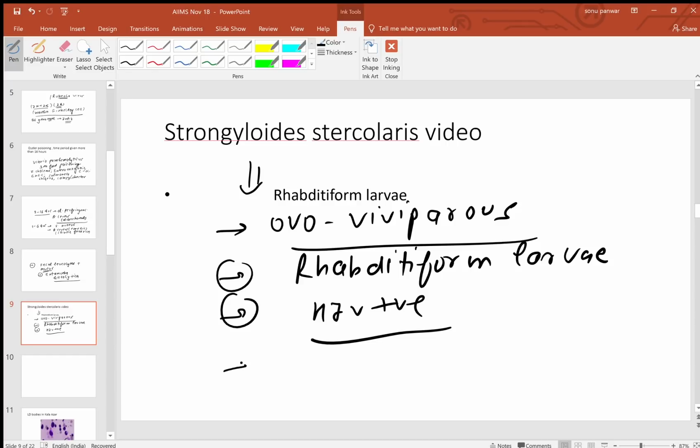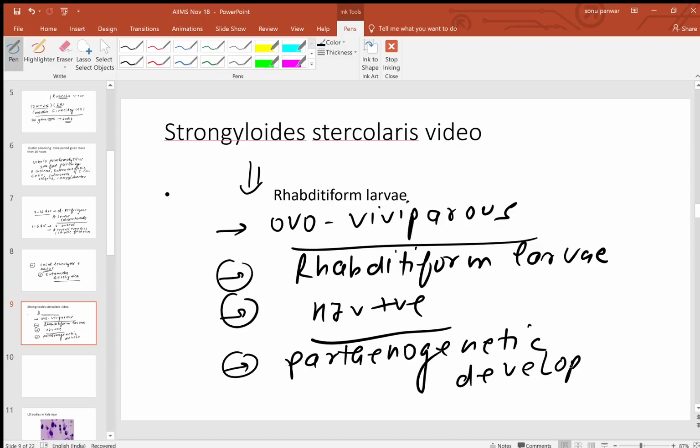Strongyloides stercoralis has a strong association with HIV positivity, and it shows a unique type of development that is termed as parthenogenetic development. What is that? The females directly lay the eggs without the males.